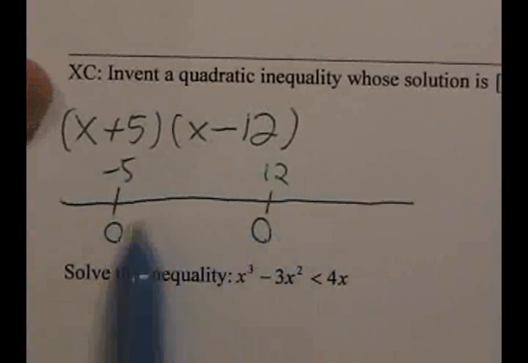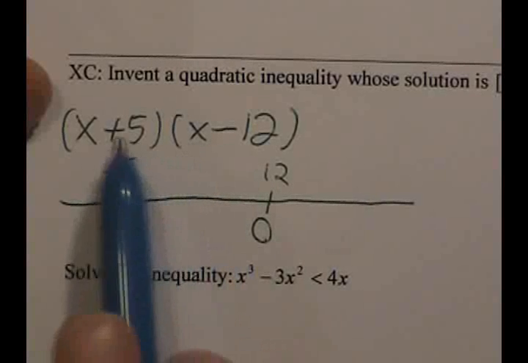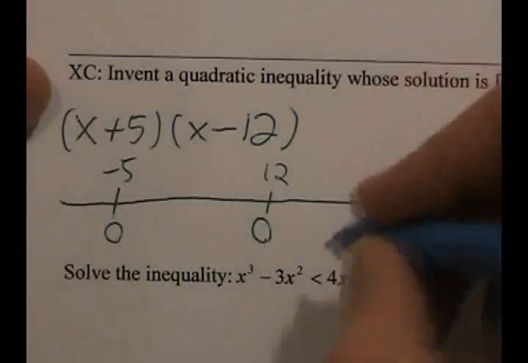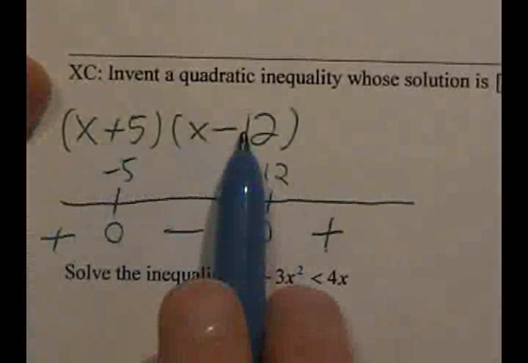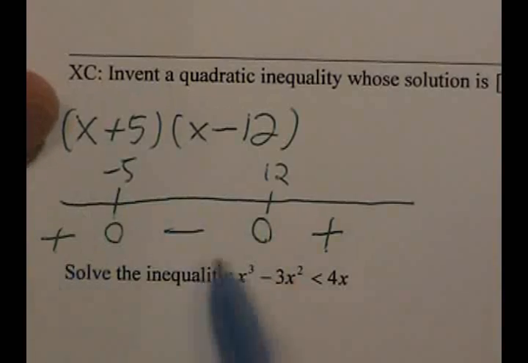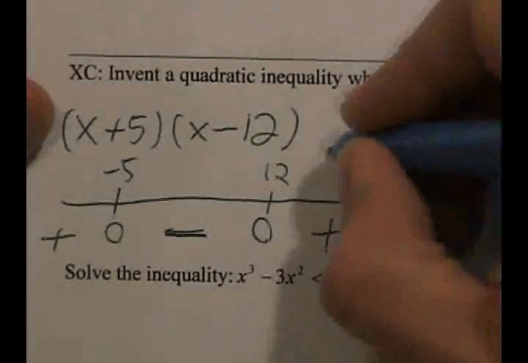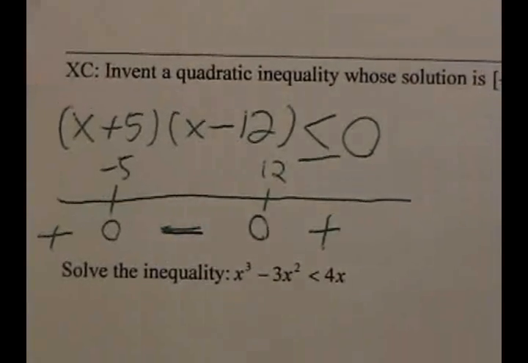If x is between minus 5 and 12, then one of the factors is going to be positive, and the other factor is going to be negative, so their product will be negative. If you test over here, both factors will be negative, so the product is positive. So we would want less than or equal to 0 for that one.